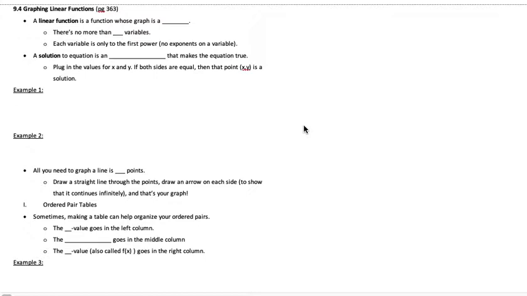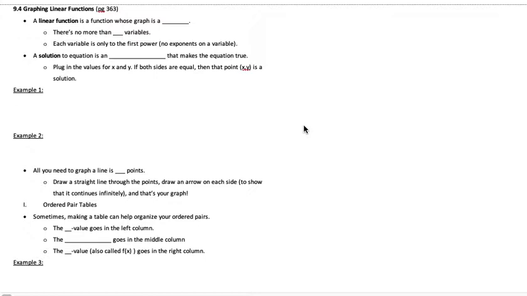We are looking at graphing linear functions. We already talked about what a function is. A function is a relation where the x-coordinate does not repeat. So it is a set of numbers that don't have the same x-coordinate.